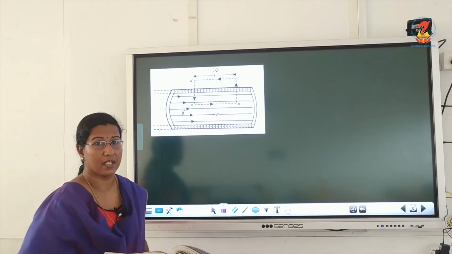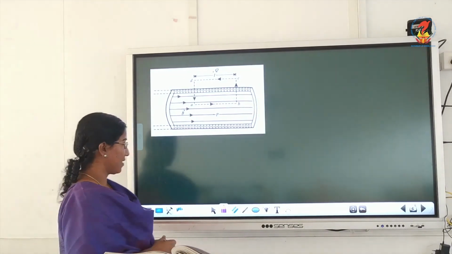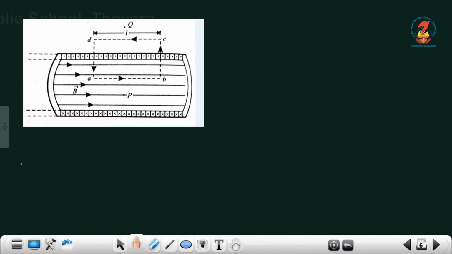Now what is Ampere's Circuital law saying? Ampere's Circuital law says the line integral of the magnetic field over a closed surface, B dot dl, is equal to mu 0 times the current passing through the closed surface. Now my loop I have divided into 4 parts, so I am going to split the line integral into 4.